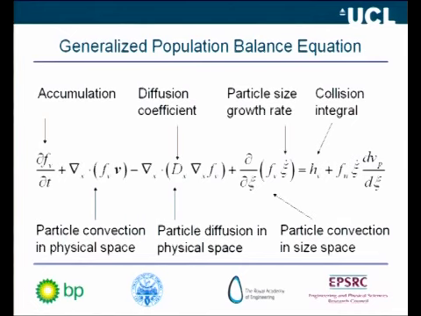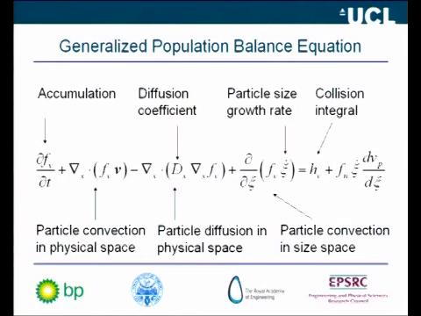At this point we can write the population balance equation in terms of the volume density function, considering only the particle size as internal coordinate. This is the expression of the generalized population balance equation, where as usual we have the accumulation term, the convection term in physical space, and the diffusion term in physical space.